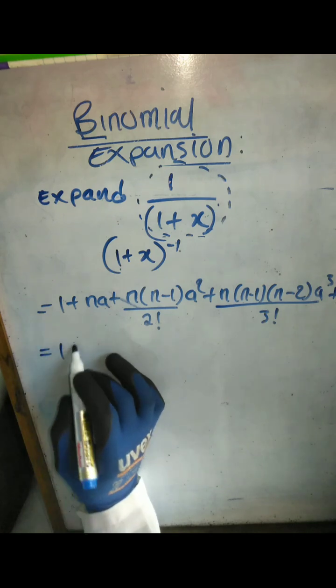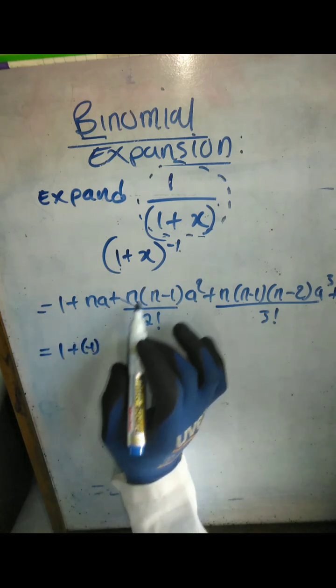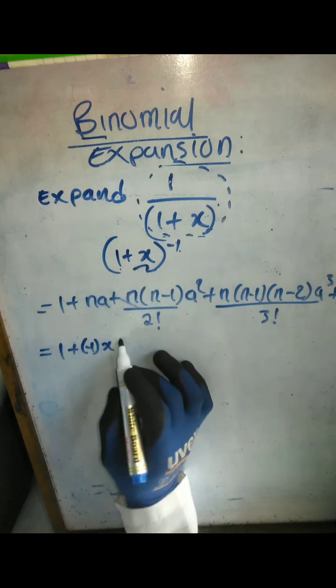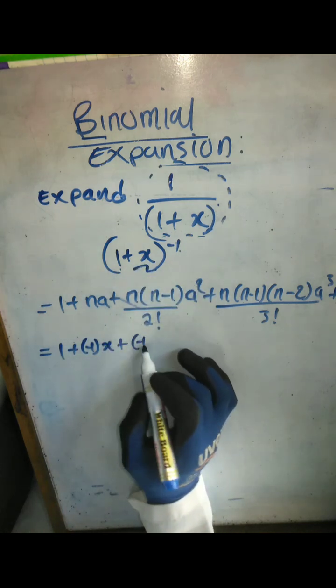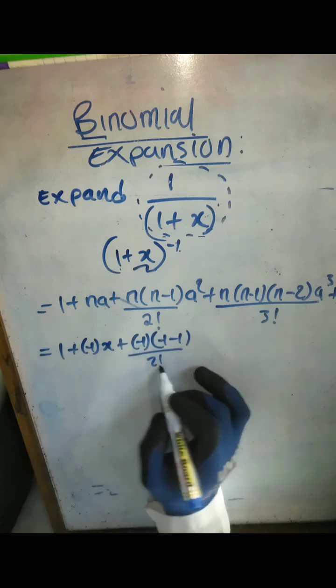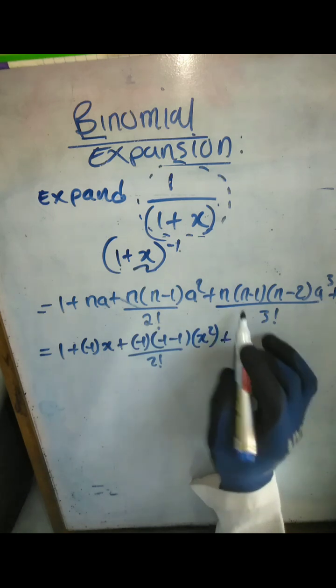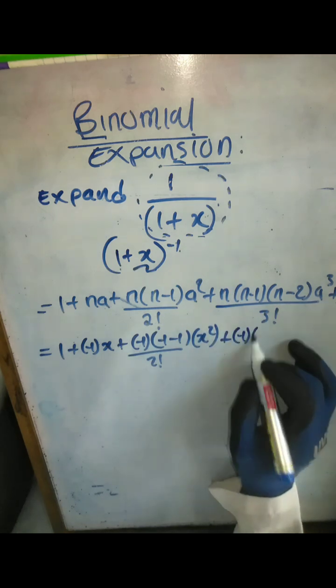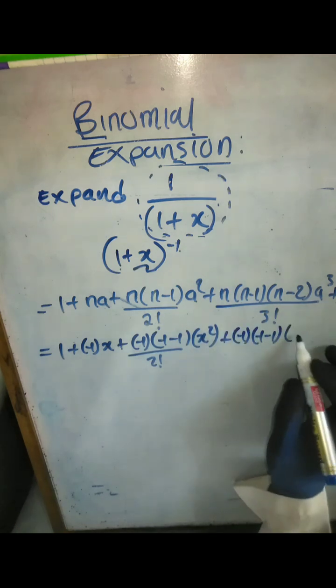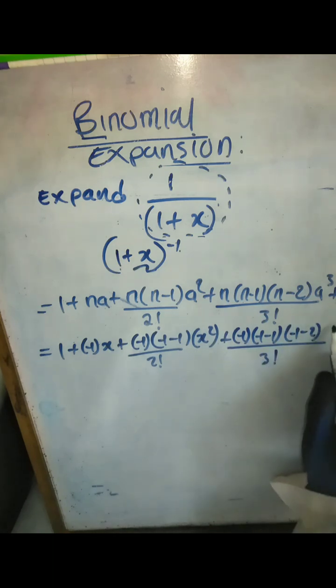You can say now this is 1 plus n, which is negative 1, multiplied by a, which is positive x, plus negative 1 times negative 1 minus 1 over 2 factorial, x squared, plus negative 1 times negative 1 minus 1 times negative 1 minus 2 over 3 factorial, then x to the power 3, plus and so on.